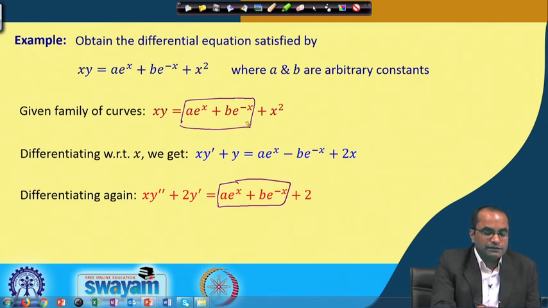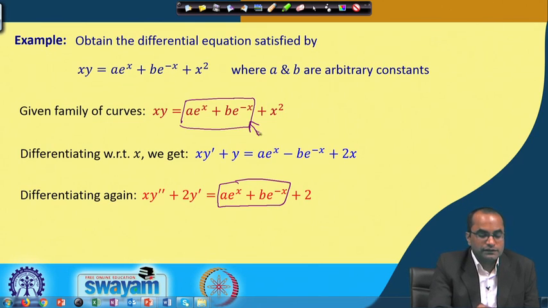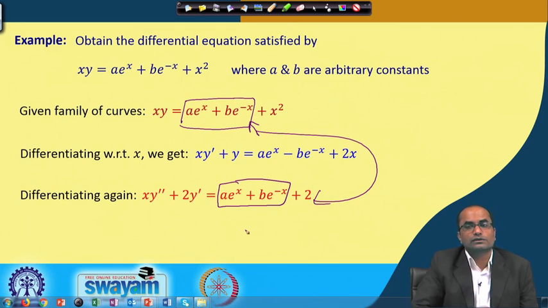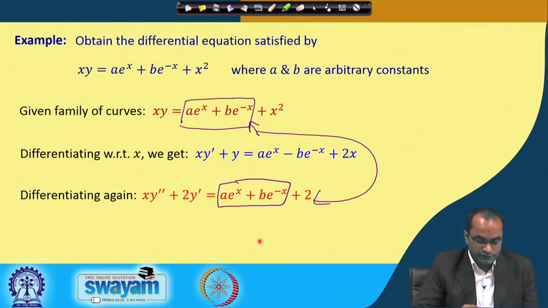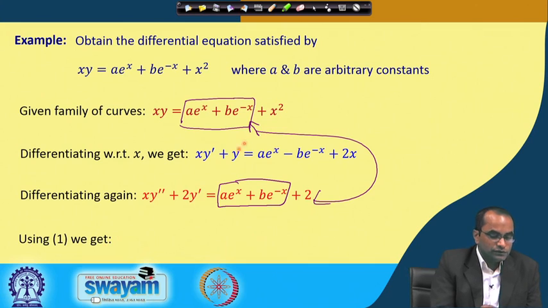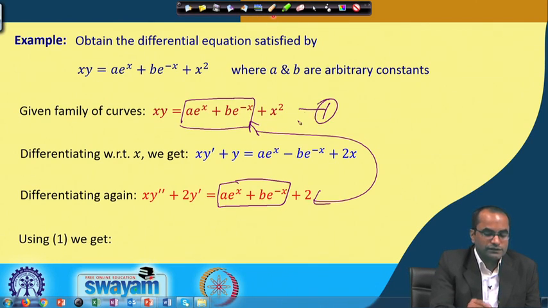So, if we substitute this a e power x plus b e power minus x from the given relation into this equation, then these constant terms will be removed, and we will get an equation which contains the derivative terms, dependent variables and independent variables, using this equation which we call equation number 1.